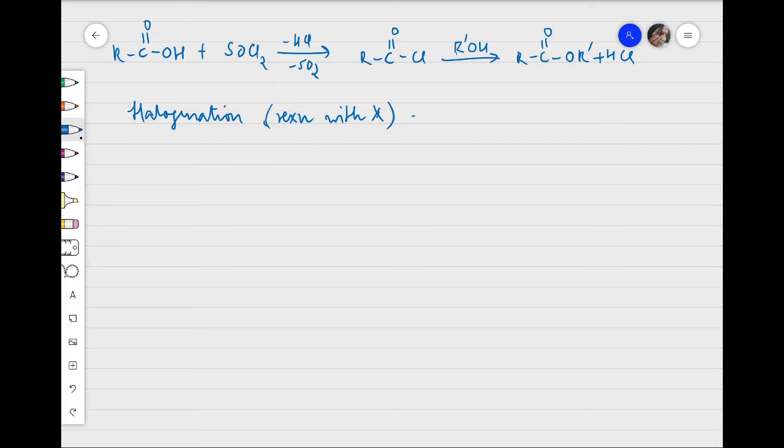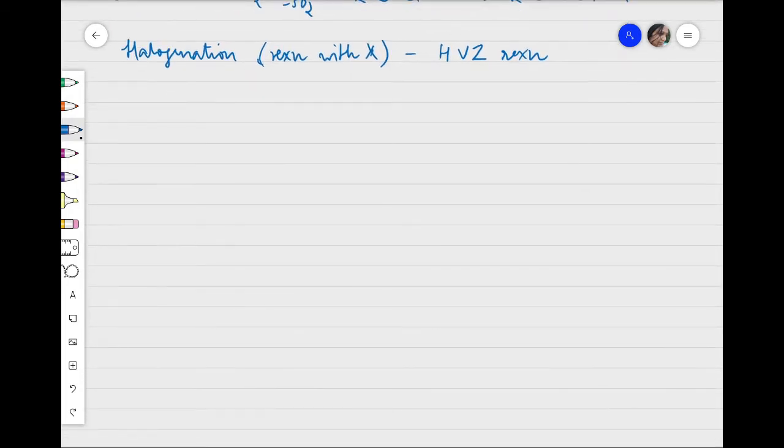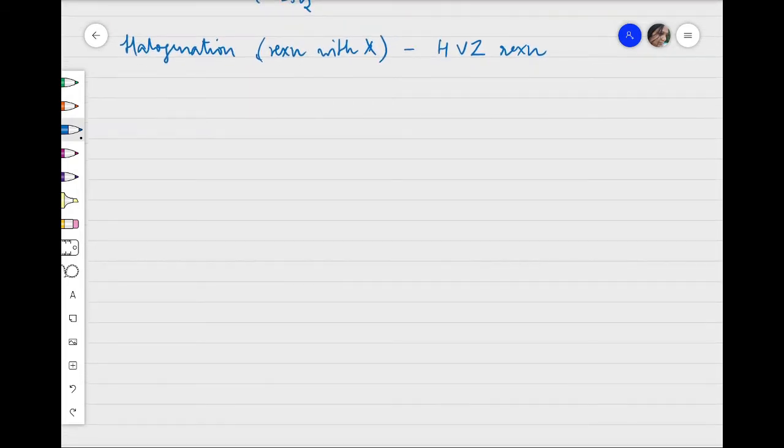And here is where we talk about the HVZ reaction, the Hell-Volhard-Zelinsky reaction. Very important reaction. Questions are asked on this, and its mechanism is very important, which we will discuss soon. So let me first discuss what the reaction is all about.